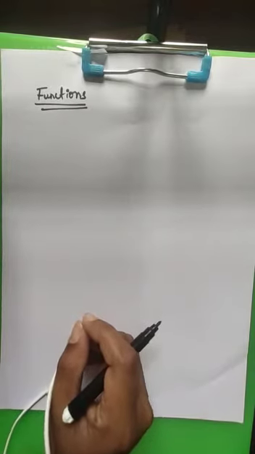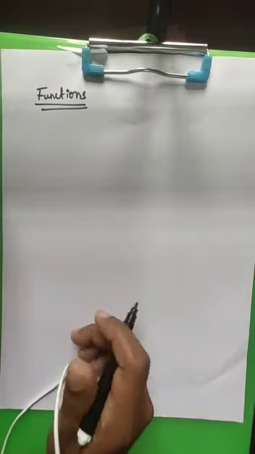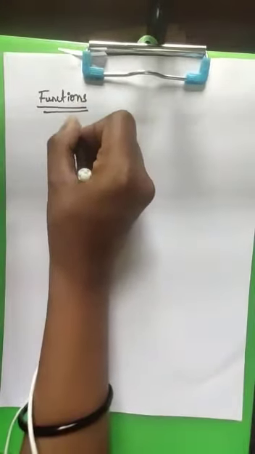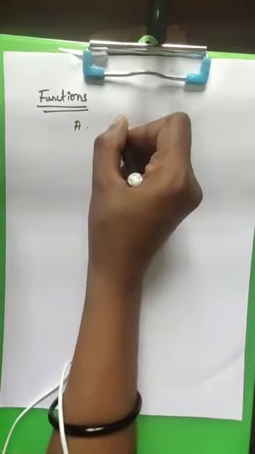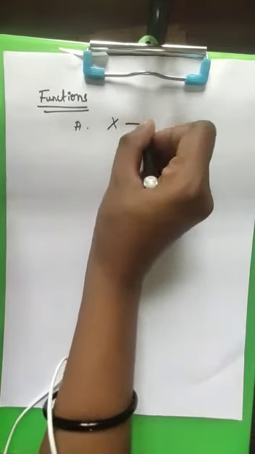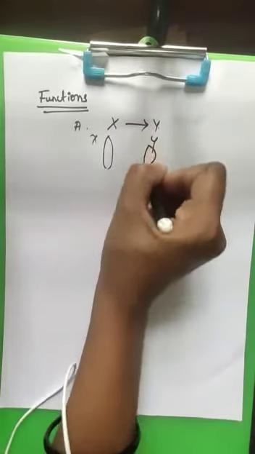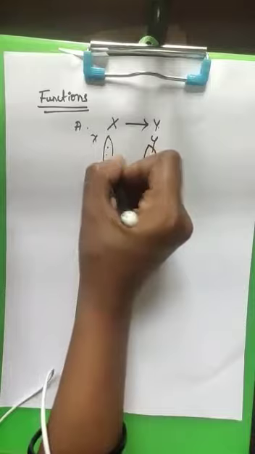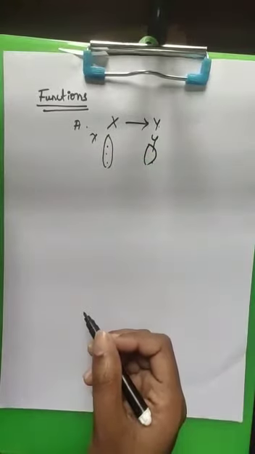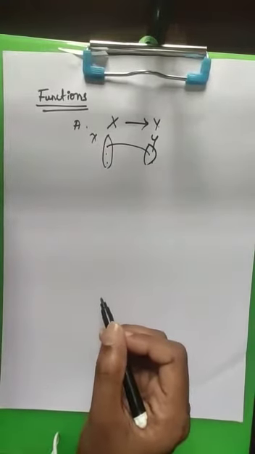So I hope you remember the things which we have studied in our first year. That is, what do you mean by function? A function is a mapping, correct? It is a relation. A function is nothing but a relation from x to y, where every element of x has a single output in y.